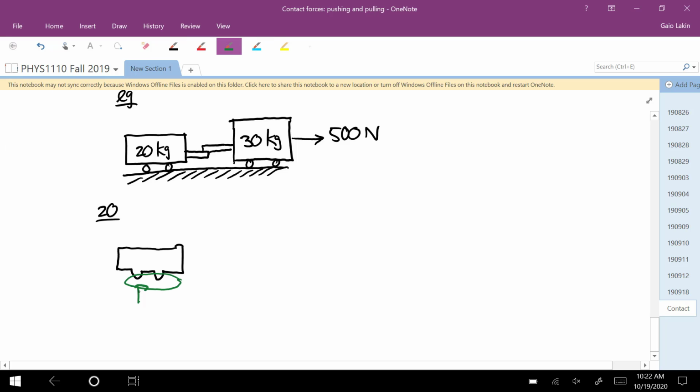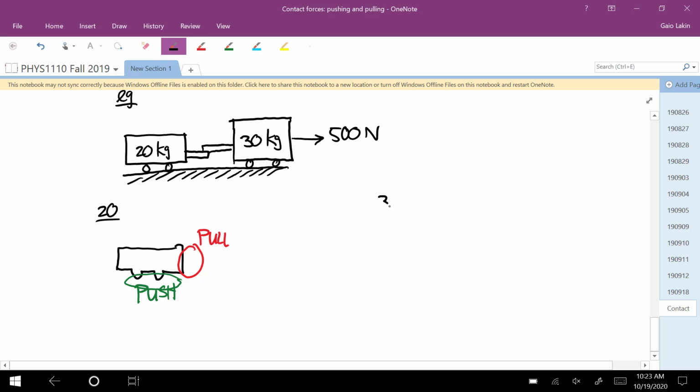That is still a give me my space kind of force. That's a force that's keeping the cart from sinking through the boundary of the ground. But over here, the contact between the 20 and the 30 could be replaced by a string. And so this is a pulling force. So this is the type of force that we're talking about now.